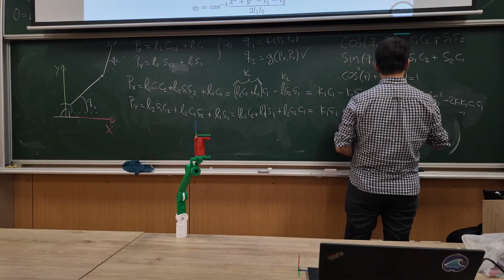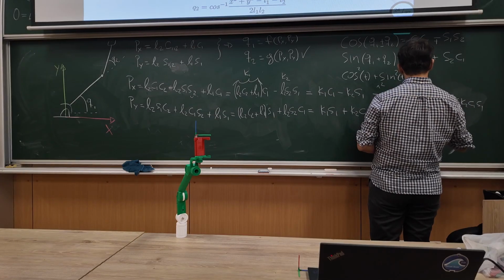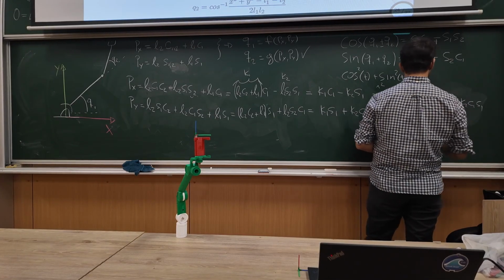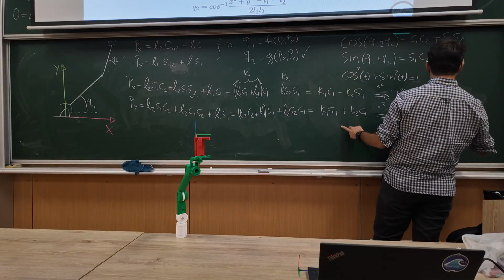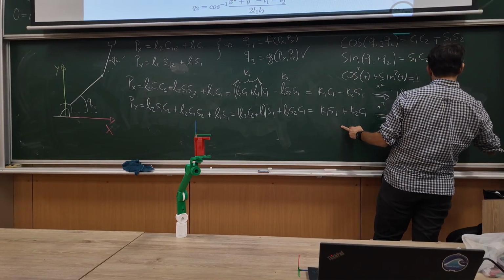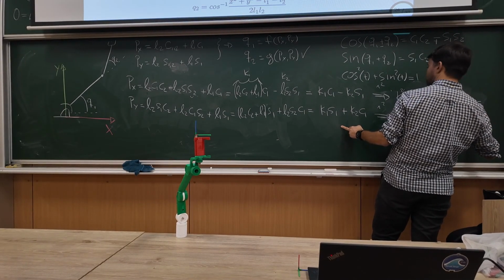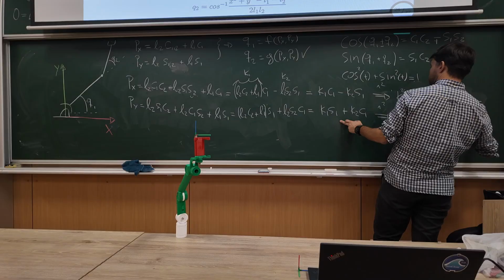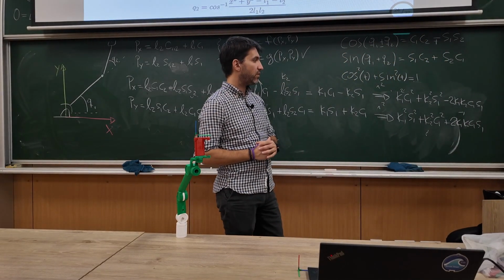Kappa 1 square S1 square plus kappa 2 square C1 square, all right, plus 2 kappa 1 kappa 2 C1 S1. Are we getting somewhere?